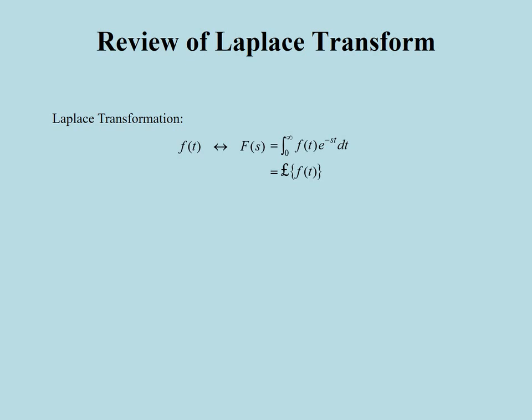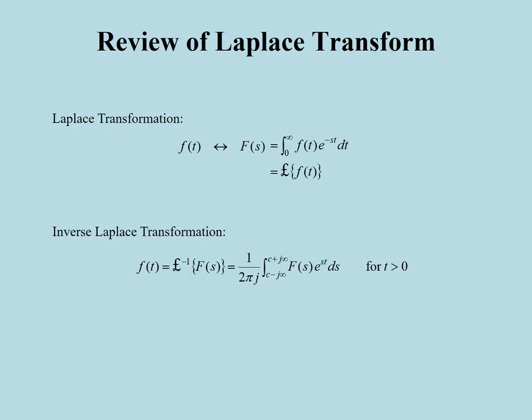If you have a Laplace transform F(s), you can obtain the corresponding time function by an inverse Laplace transformation. Note that the integral defining the inverse transformation is a line integral in the complex plane parallel to the imaginary axis.